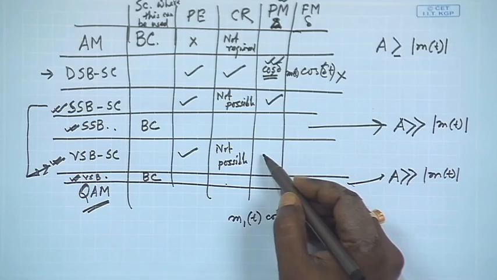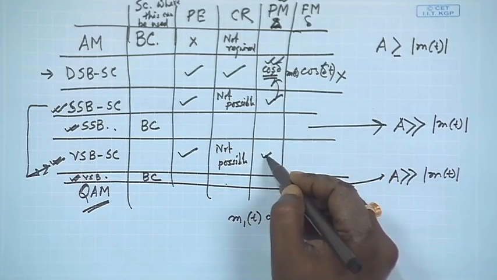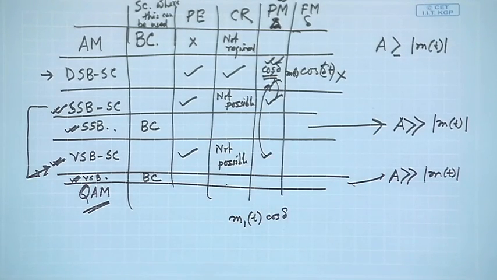If you carry on the same technique for VSB or SSB, you will see that it is just repeated over here also, with a similar effect as DSB-SC. But QAM is more detrimental.